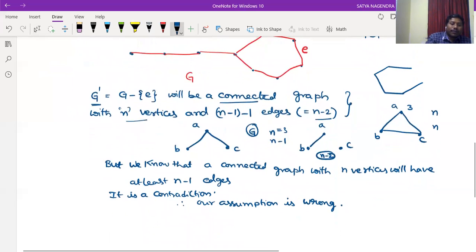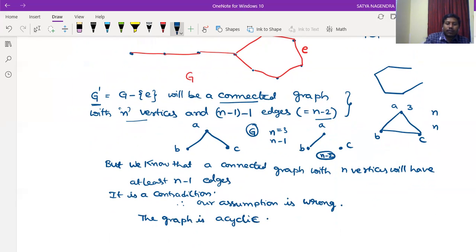So the graph is acyclic. Therefore G is a tree. So this is the proof for that statement: a connected graph with n vertices and n minus 1 edges is a tree. Okay.